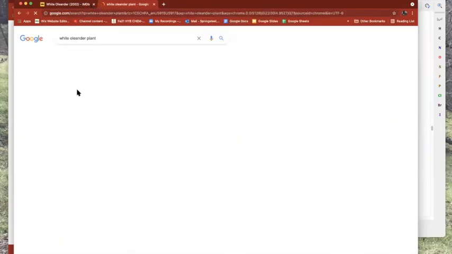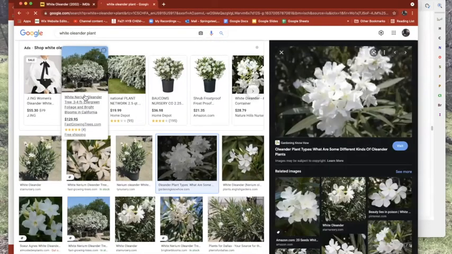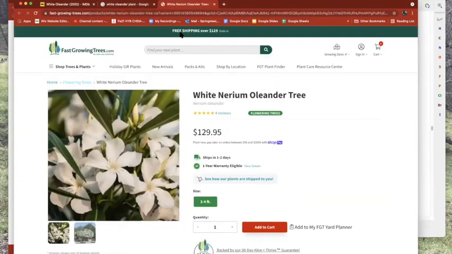And you've seen the oleander plants everywhere. They're really common. They tend to be on the side of freeways a lot. They're out in front of businesses and stuff.